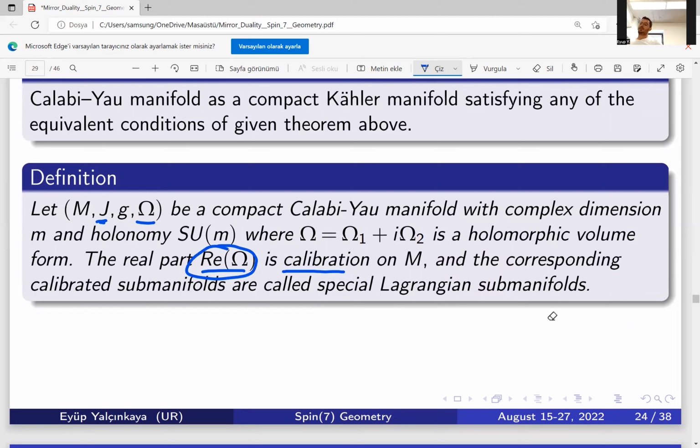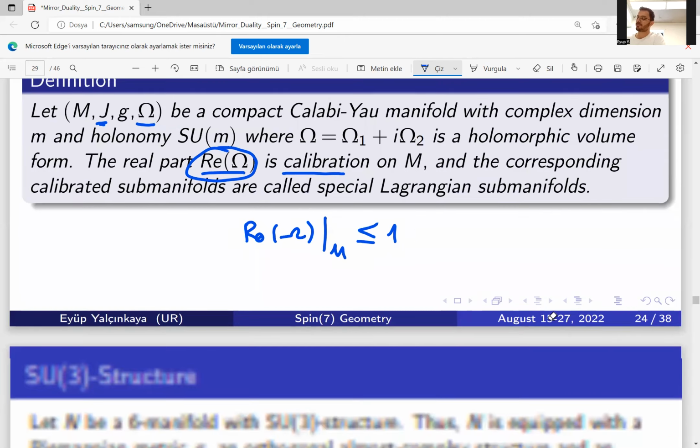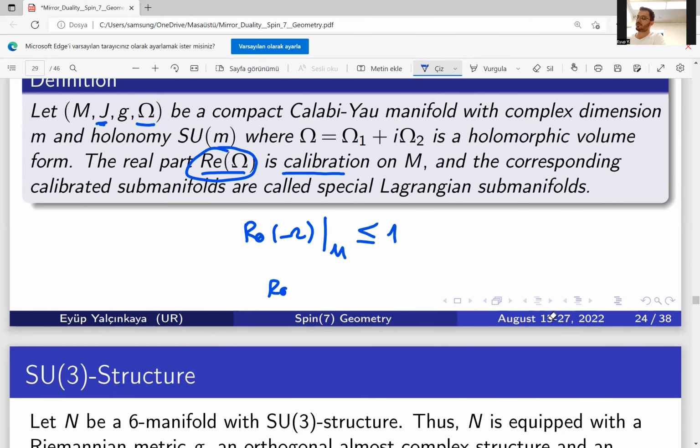If you remember, for the calibration, the comass is smaller than or equal to 1, and if the real part of omega restricted to v equals 1, we can say that this v is the special Lagrangian manifold. Okay?